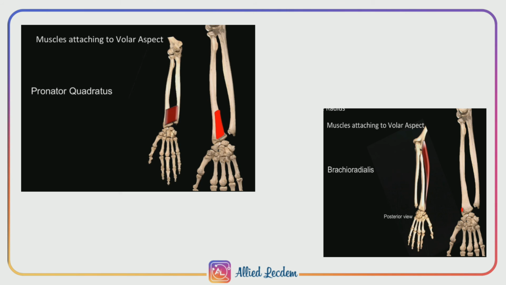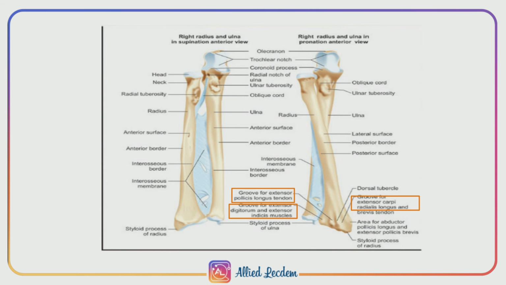Next, muscles of the posterior forearm are extensor carpi radialis longus, extensor carpi radialis brevis, extensor carpi ulnaris, extensor retinaculum, extensor digitorum. The action of these muscles is to extend and abduct the wrist. The extensor retinaculum holds the tendons down as the muscles work.